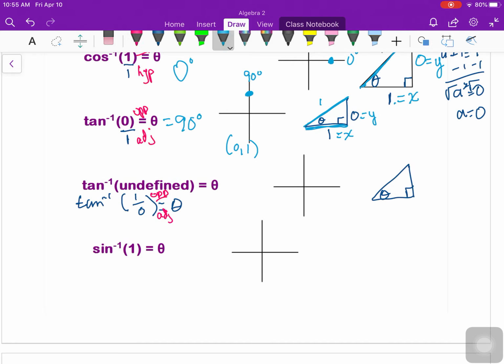So my opposite is 1, my adjacent is 0. So my radius is 1. Again, radius and a leg are the same, so this is quadrantal. My x is 0, my y is 1. 0, 1 is right here. So that is at 90 degrees. So my theta is 90 degrees.